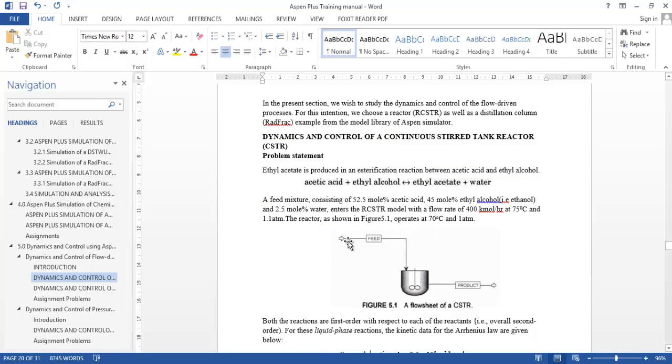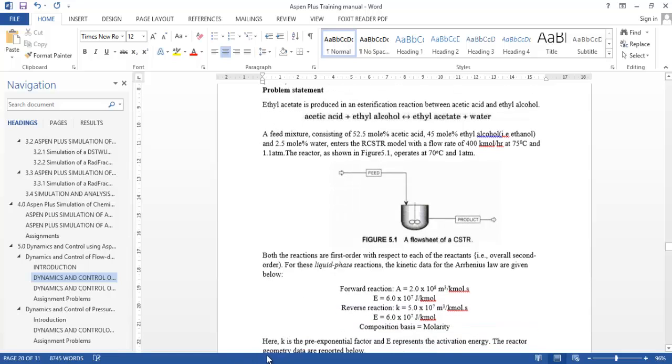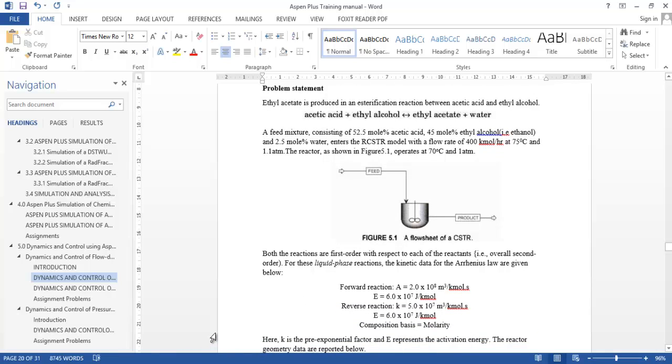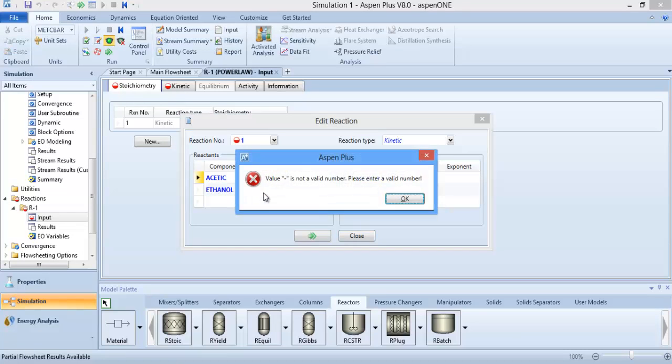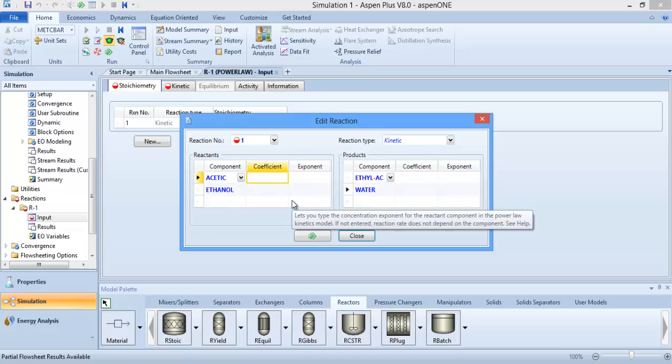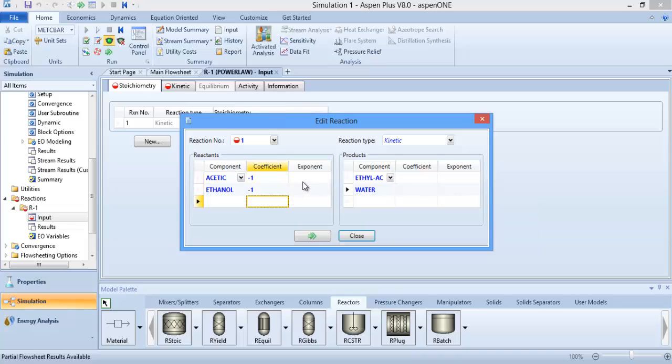Okay, after all, they are reversible reactions.